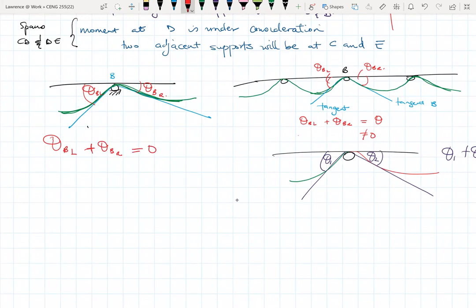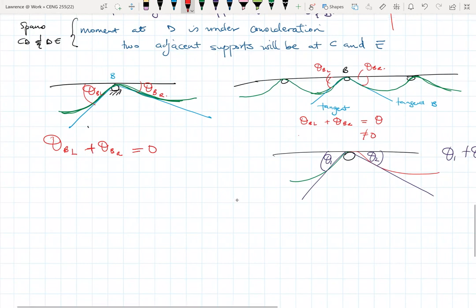If you sum the two of them up, they should be equal to 0, because if this is moving counterclockwise and this is moving clockwise, when you sum the two of them up, it should give you 0. So that's what the continuity of the elastic curve does to our equation.